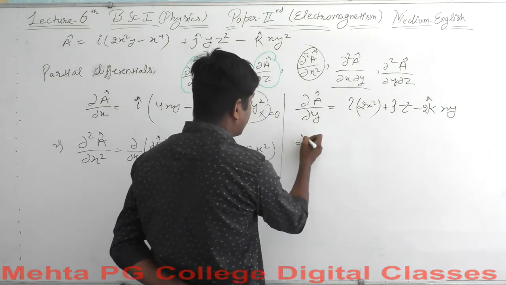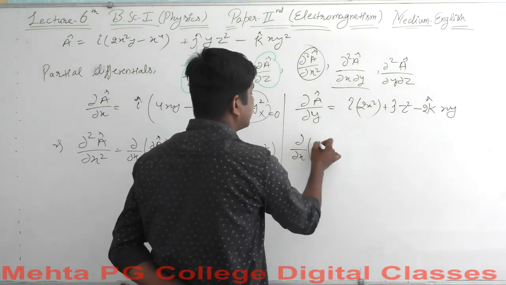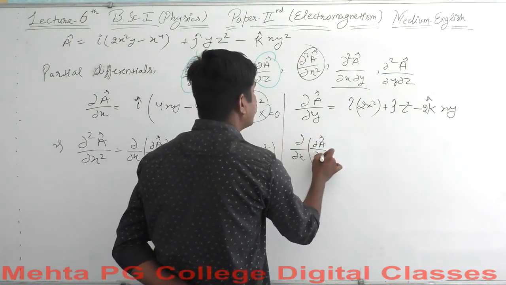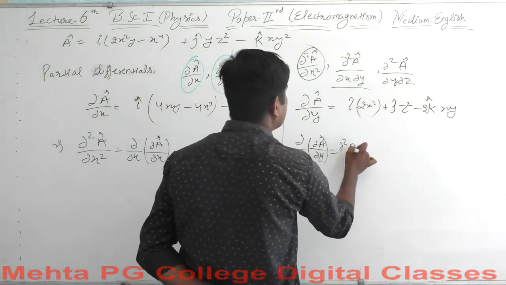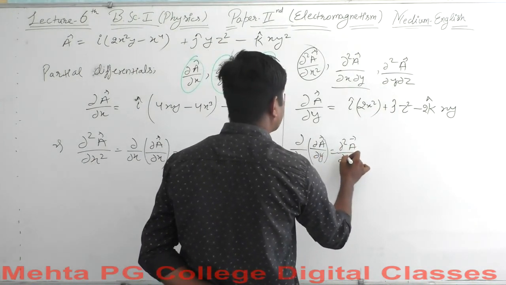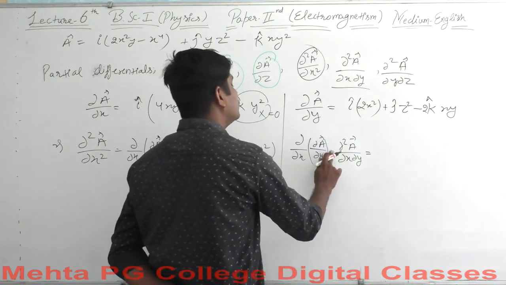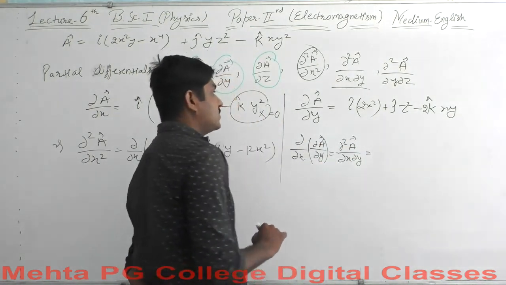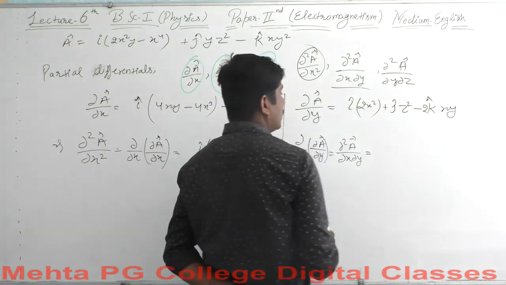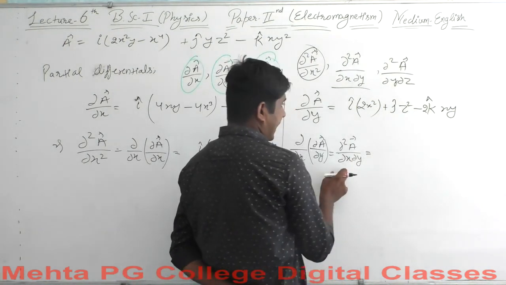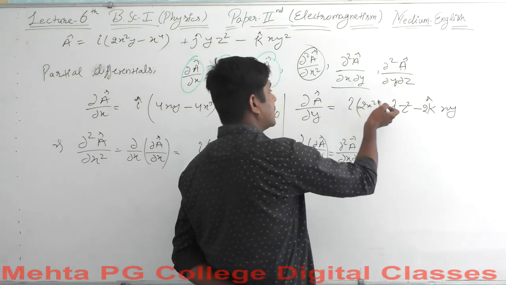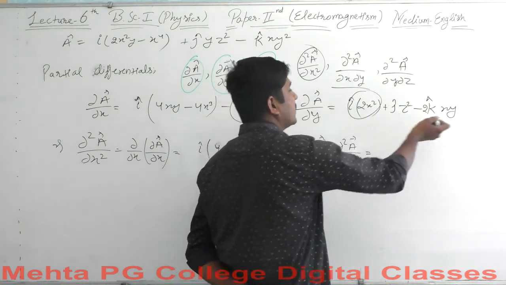Now the value for ∂/∂x of ∂A/∂y, which equals ∂²A/∂x∂y. So what will be the values here? We start having the components which have x values only.